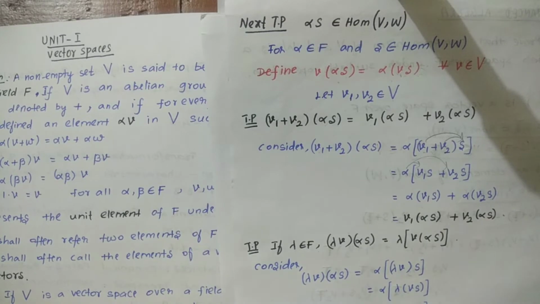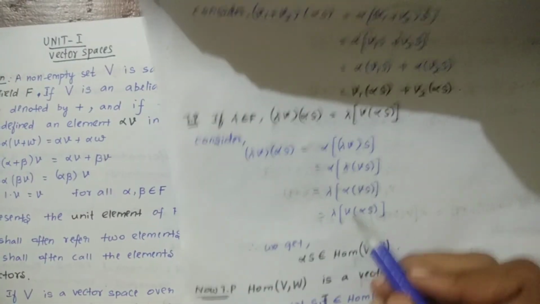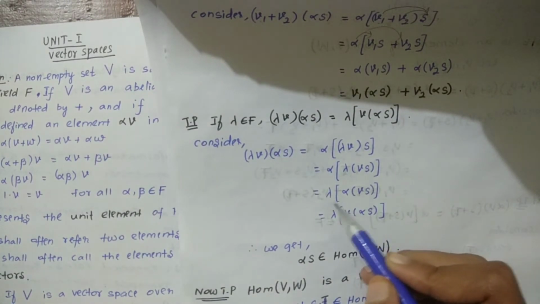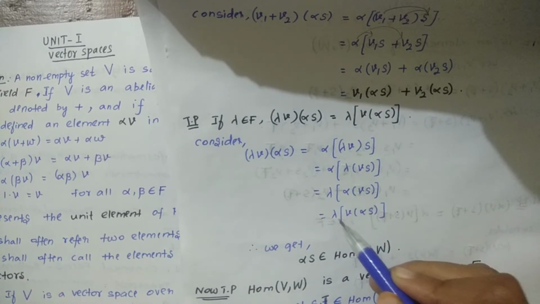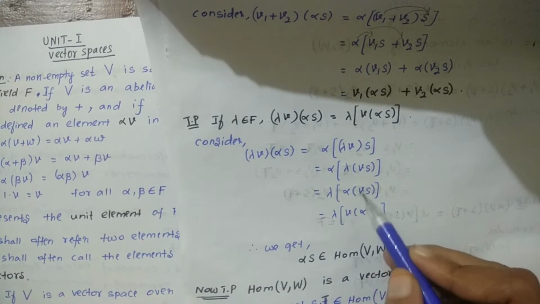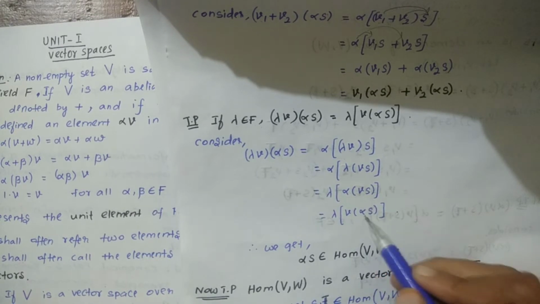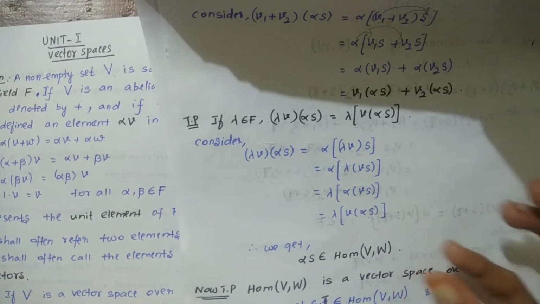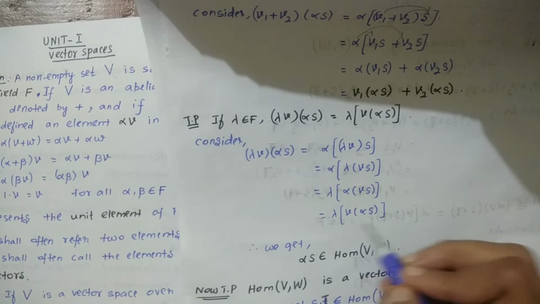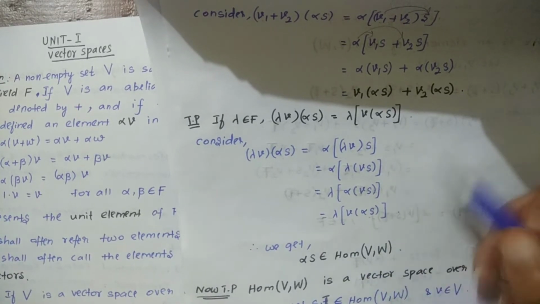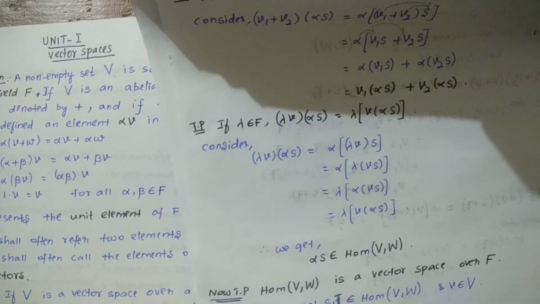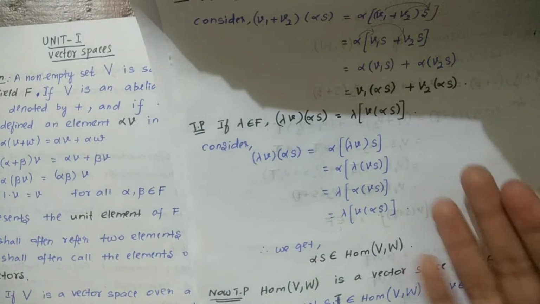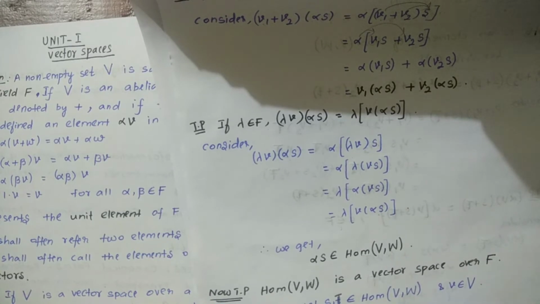Then that is equal to, you are taking alpha in and lambda outside, so you get this, and from this you can write alpha of v, take v, in this step you are writing alpha and s as one group. Take v outside. So like that you have written. So from this, what have you got? You have proved the second condition of homomorphism also. So from this you can say alpha s is also an element of homomorphism of v comma w.